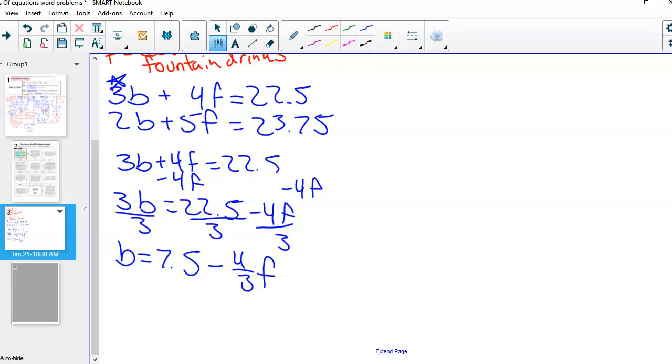So we now have an equation solved for one of the variables. We've done step 1. Step 2, substitute this equation into the other equation. So not the one we took, but the second one. So we're going to put this in for b.